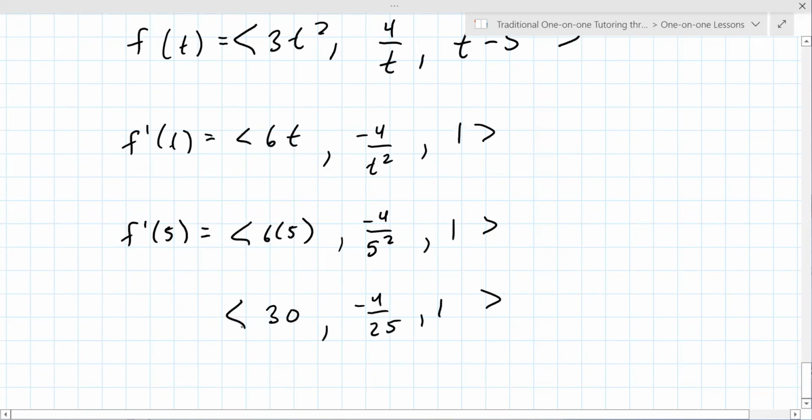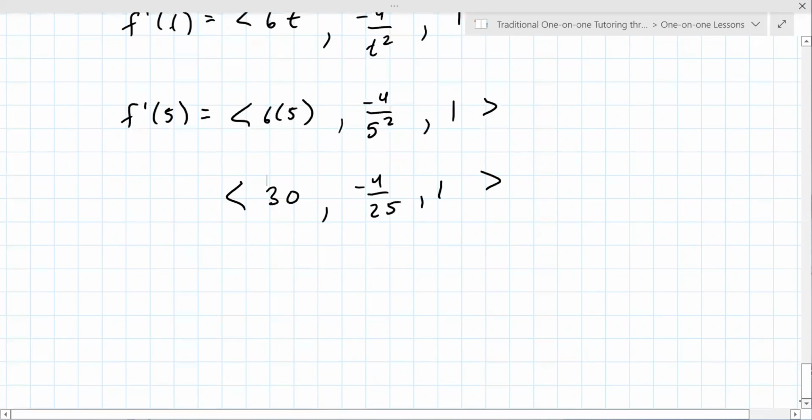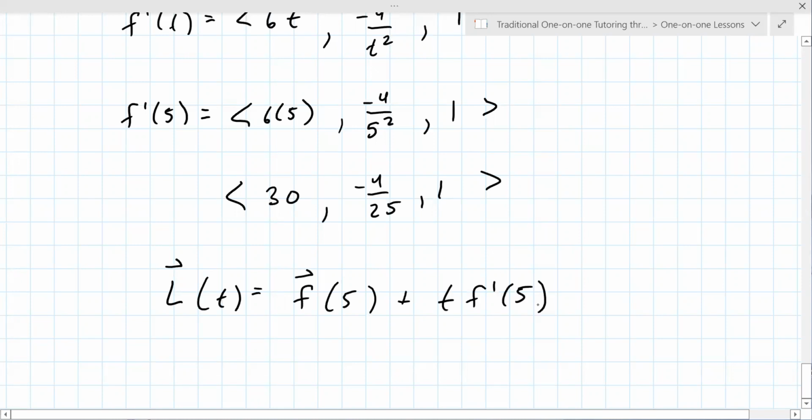Right. And so there's a formula here that I see. That's why this is so important. There's a formula. So the parametric form L of t is f of 5 plus t times f prime of 5. That's your normal tangent line.